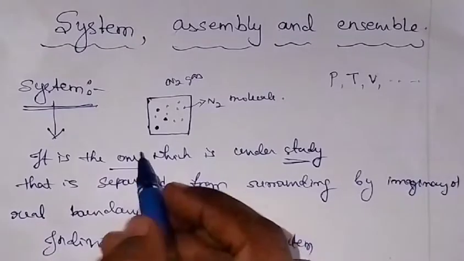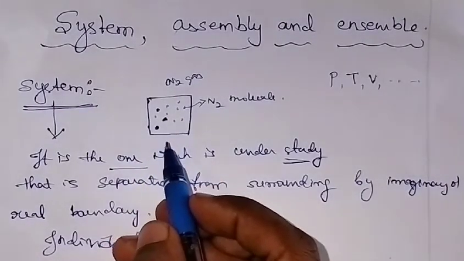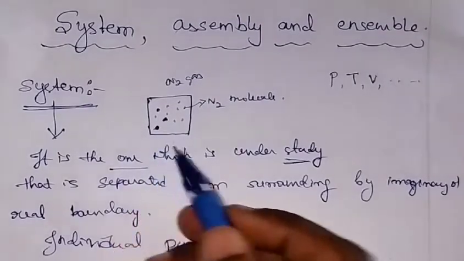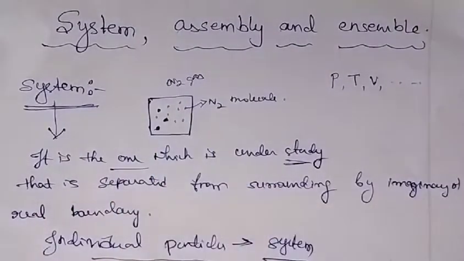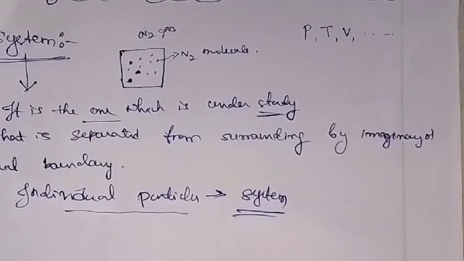That means these particles are under study. That is why each particle present in the container is called a system according to statistical thermodynamics. While according to classical thermodynamics, what is the system?